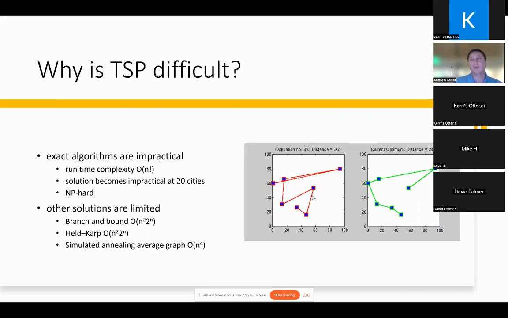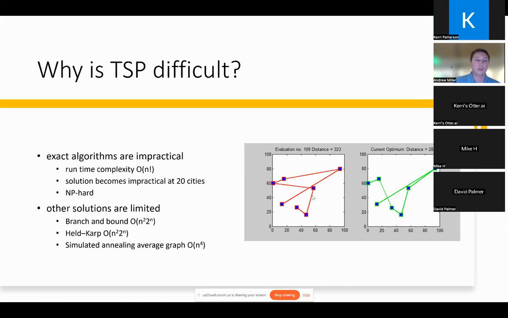For somebody who's not a computer scientist, just try to compute factorial of 20, and that's the number of combinations that you need to process. On the right, you can see an animation that shows how the algorithm performs. It literally just goes through every possible combination.